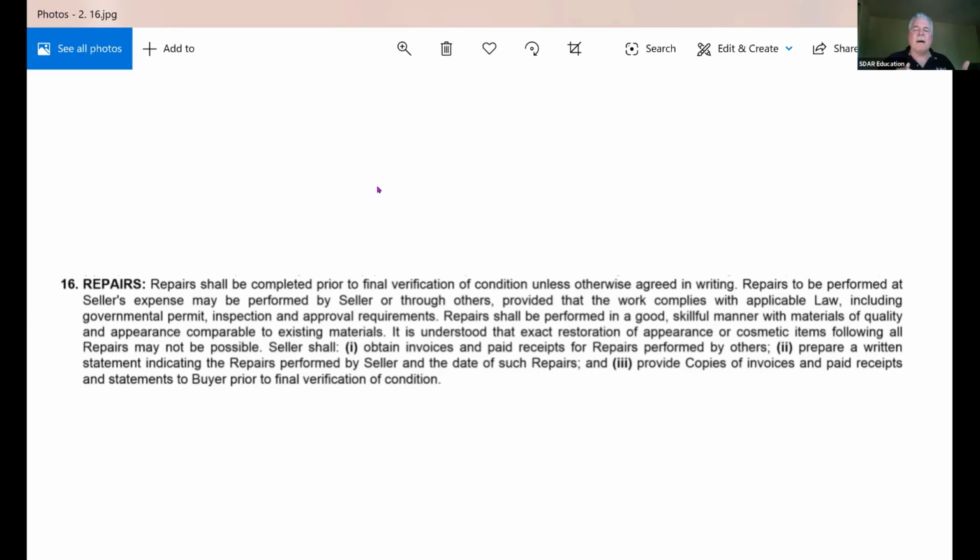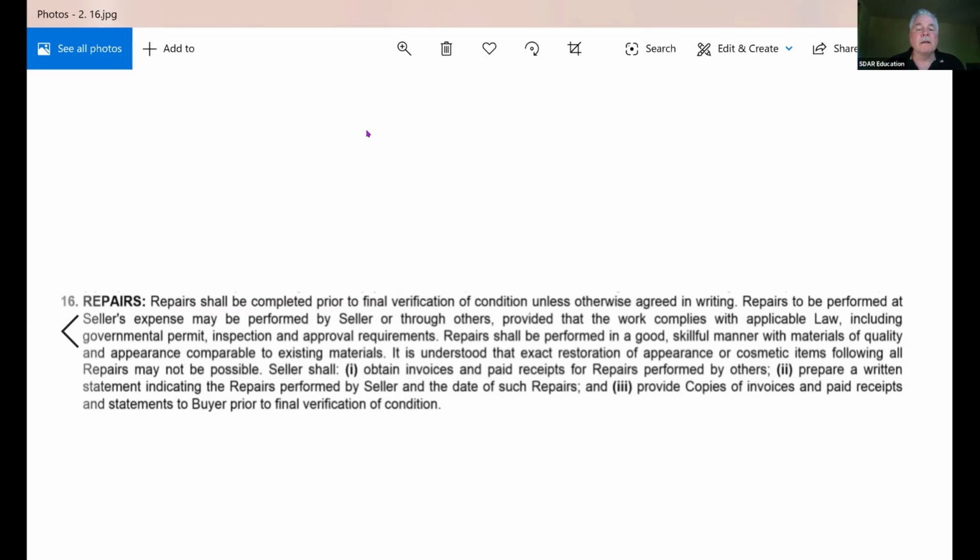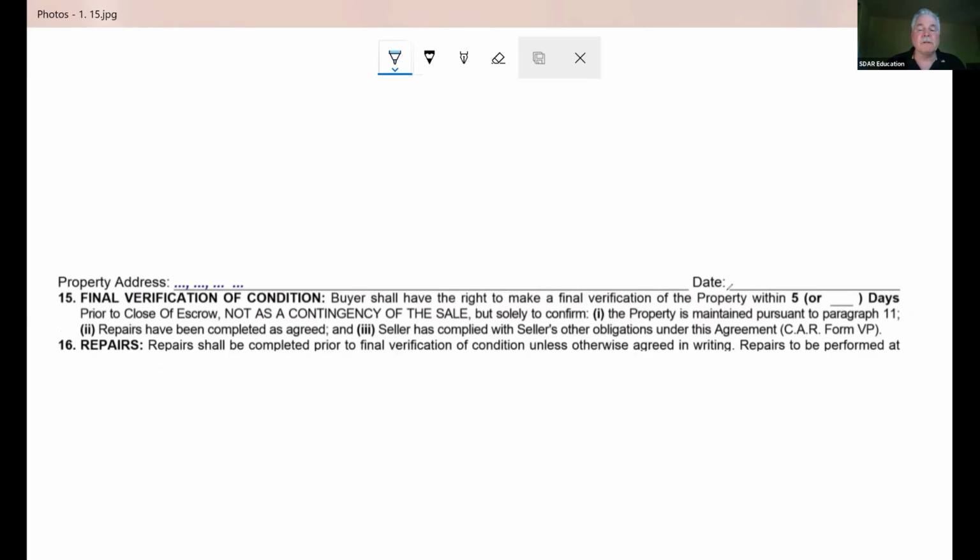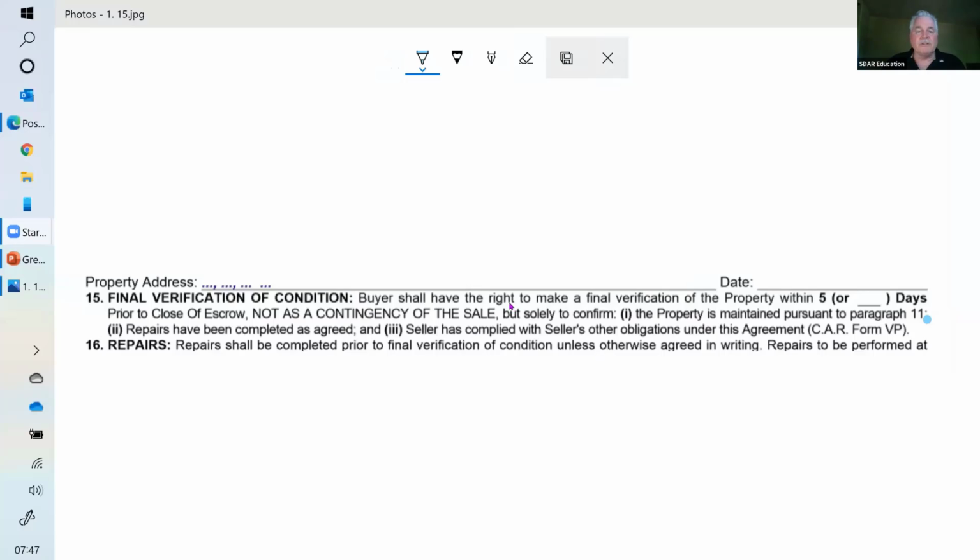Okay, so let's talk about my repairs. In number 16, oops, back to my, okay, that's what happens when I jump ahead of myself here. Okay, let me move this over. Final verification of condition. Where'd my screen go? Linda, okay. Here we go. I'm going to clear all my drawings and go back to my mouse.